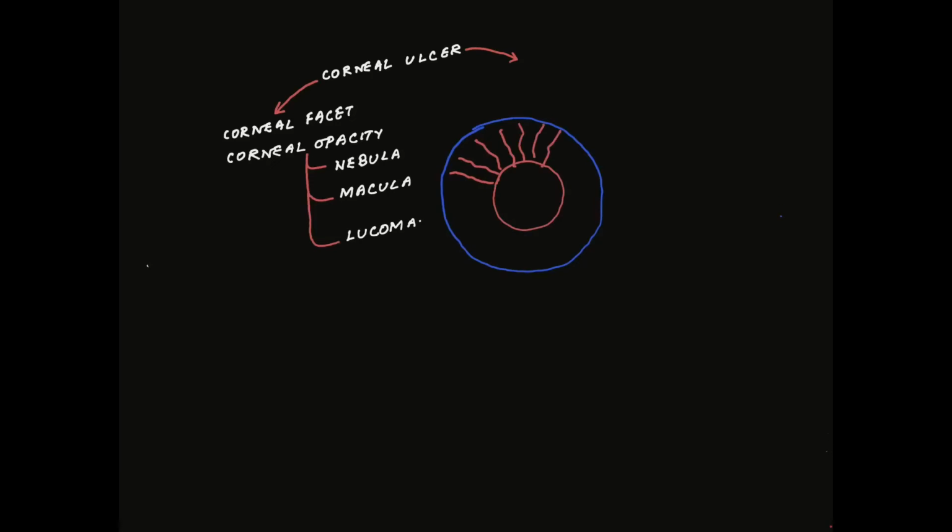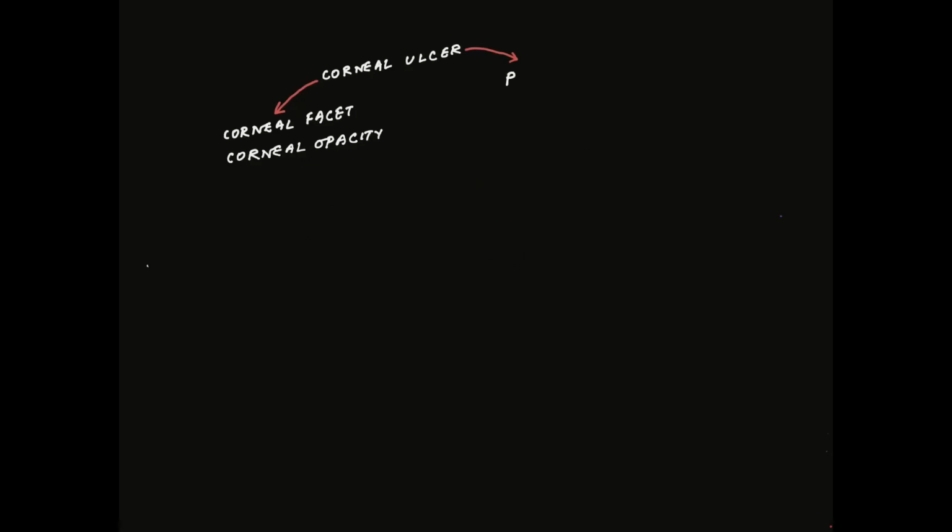There are many definitions of these opacities, but we shall see actually what it is. In the nebular opacities, the opacities are so faint that we can see most of the structures of the iris behind it. In a macular opacity, through this opacity we can barely see the iris structures but not its detail, but through the leucoma we cannot see anything.